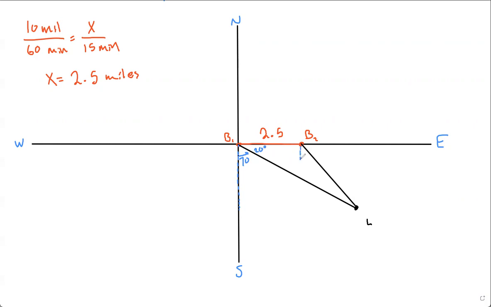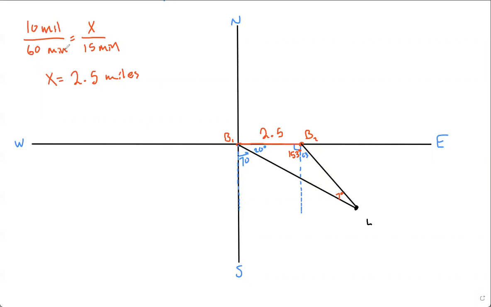Similar idea, if I drop a straight line down from the second position the boat is at, and it is now south 63 degrees east, so this angle is 63, and this is a 90. So overall, that angle for B2 is 90 plus 63, which is going to be 153. And then while we're at it, we can just find angle L. So 180 minus 20 minus 153 would leave us 7 degrees down here.